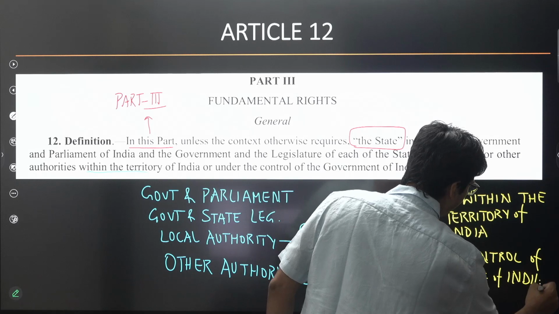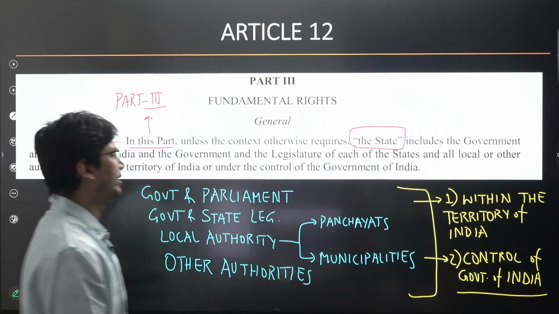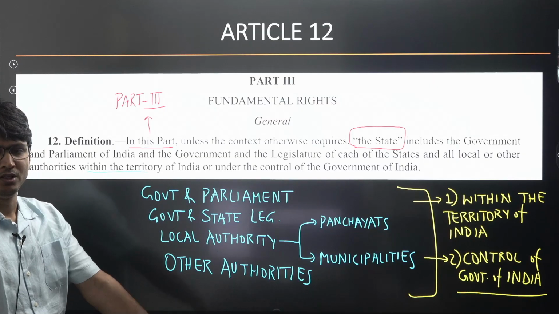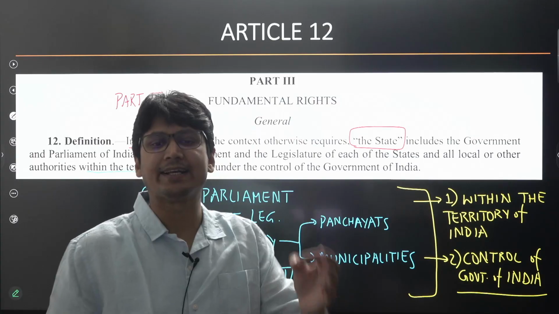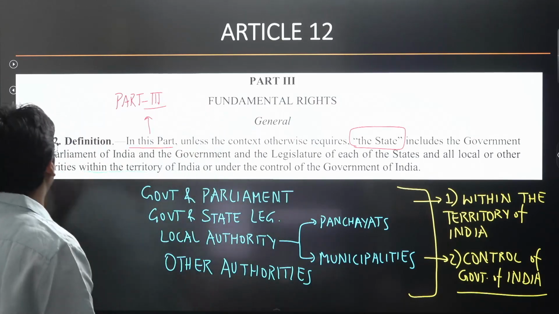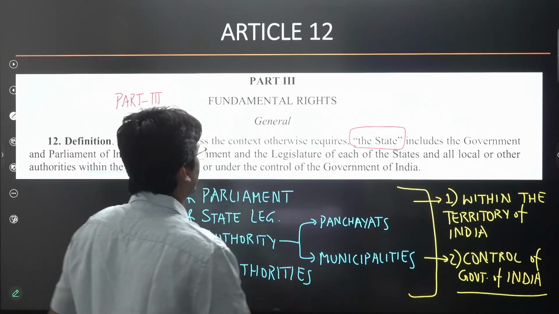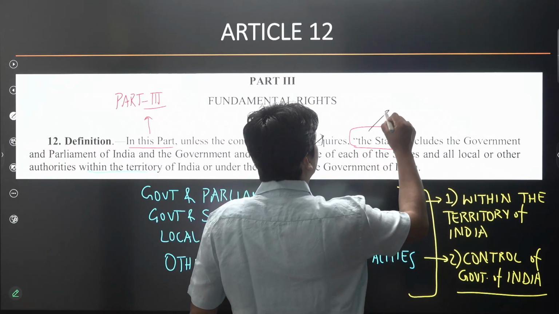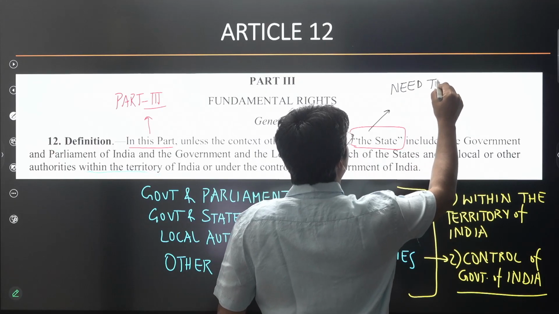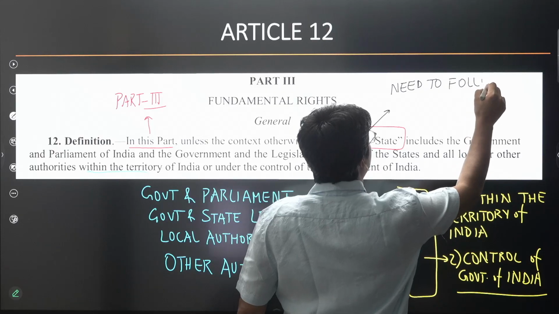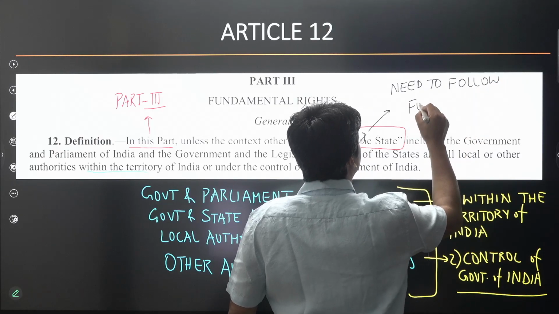So this is your definition of the term state under Article 12. Now, why is state important? It is important because whatever institution is categorized as state, they need to follow fundamental rights.